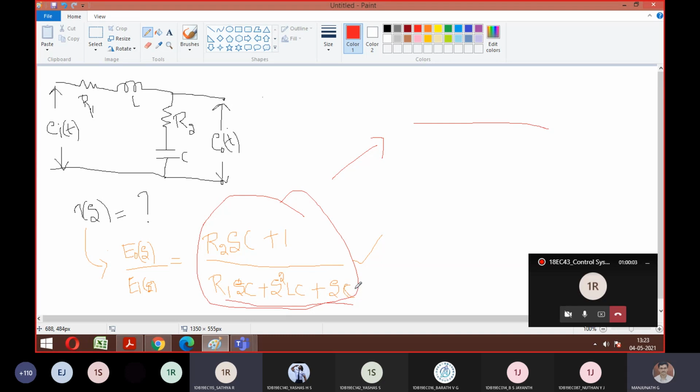So here R2 should come? You're saying that in place of SC there should be R2 SC plus 1. Okay. So this is what you told. So it's the same answer, only this much is extra.